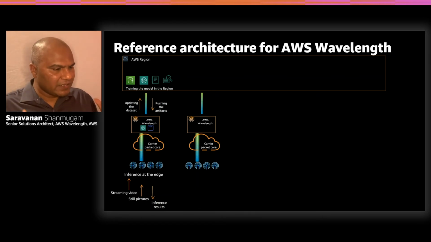At the end of the day, some data is being streamed as fast as possible in a 5G network with very high bandwidth, and somebody has to manage this data coming into the wavelength zone, run some machine learning model on top of it, do some inferences, and send back the inference results so that something can be done where the data originated from, right?